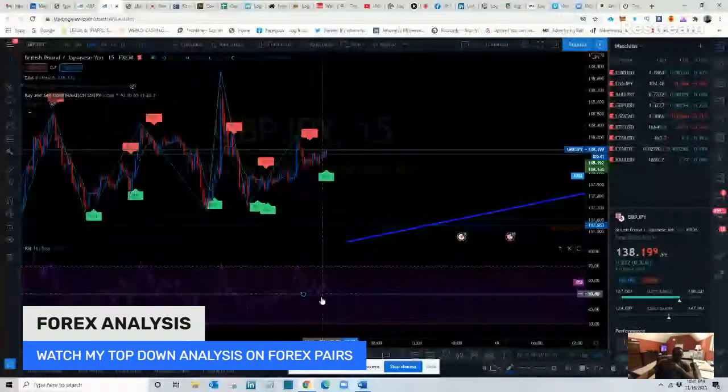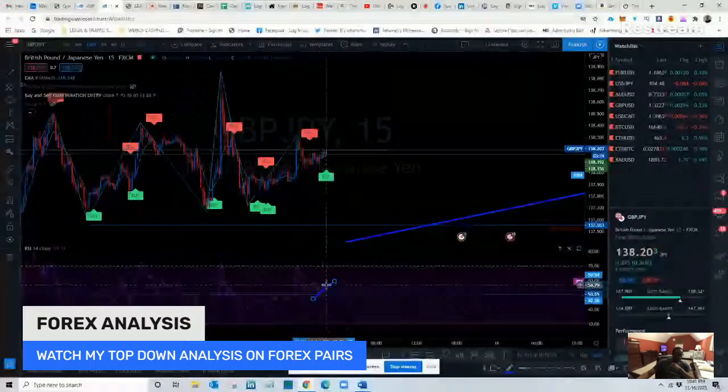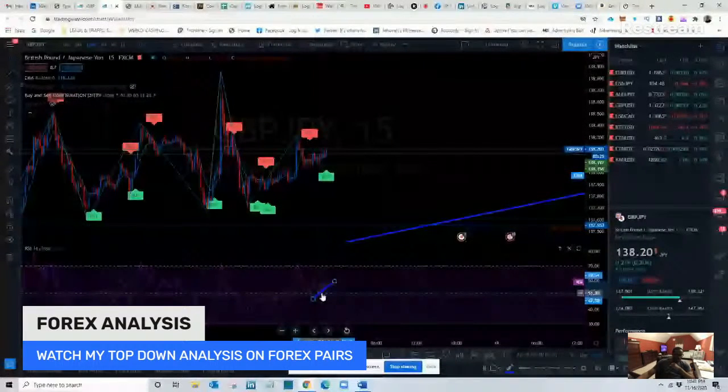Because remember, it's creating a lower high and a higher high. Do you see price going up? Well, yeah, because it's hitting this trend line, bouncing and bouncing, and it's going up. So that's further confirmation that it is going for a buy.